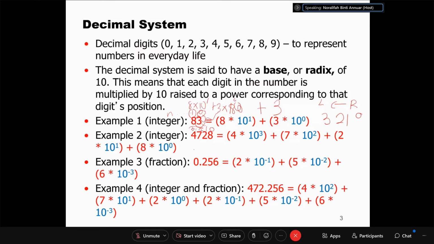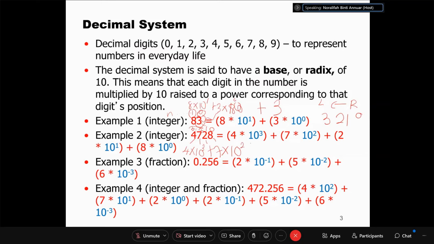Then you calculate by breaking it up. So 4, decimal is base 10, 10 to the power of the position, which is position number 3. Plus 7, decimal base 10, the base position is 2.